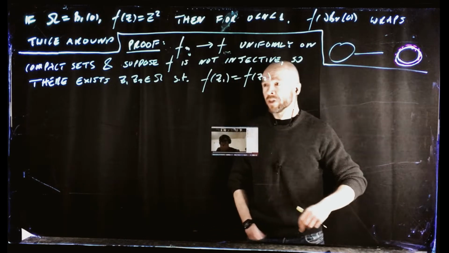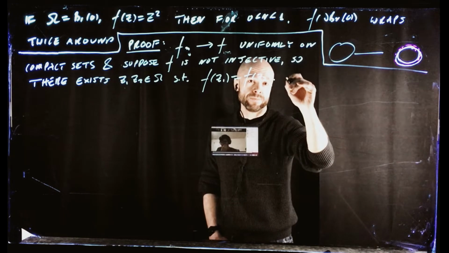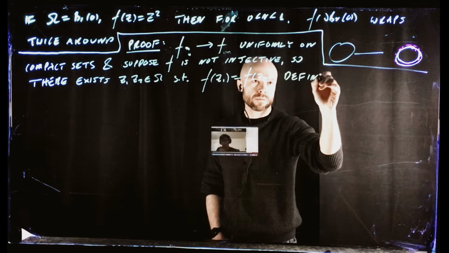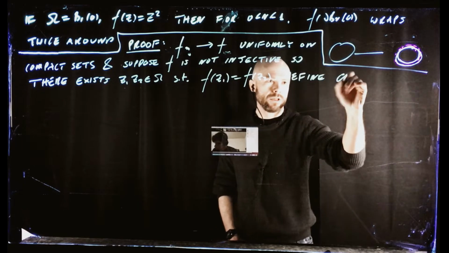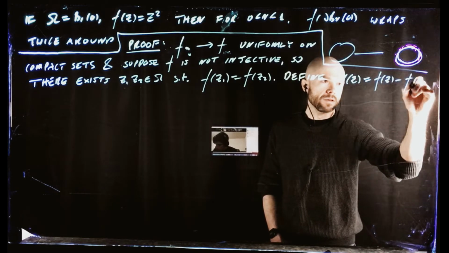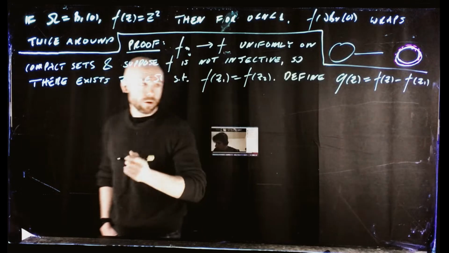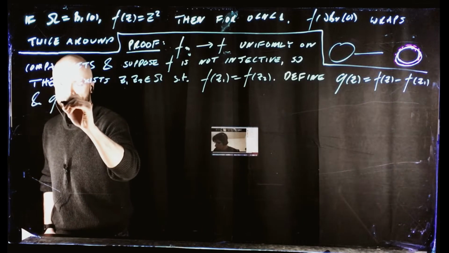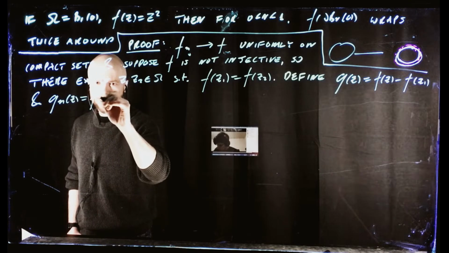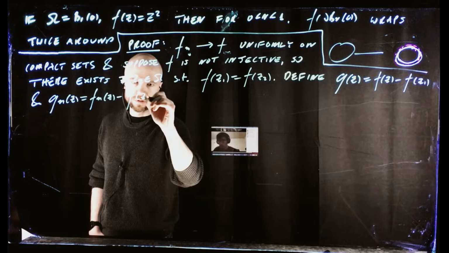We know that for sure. So we have z1, z2, so that this is true. And we're going to define g of z to be equal to f of z minus f of z1, like this. This is also a holomorphic function, and so is gn of z, which we define to be fn of z minus f of z1.